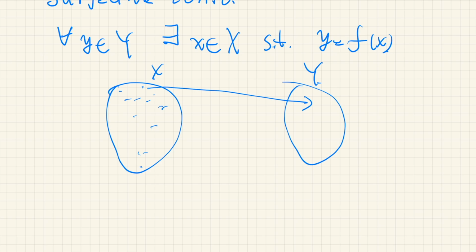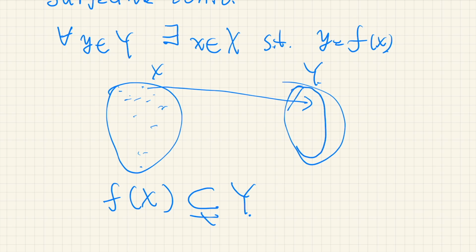But that does not mean that every element in Y has its counterpart in X. So what this means is that the image or the range of F is a proper subset of Y. So in that case, the image is a proper subset of Y. So there are some parts in Y that have no corresponding elements in X in general, right?